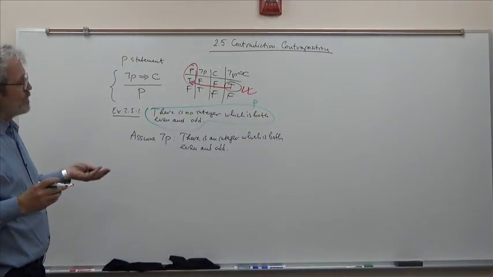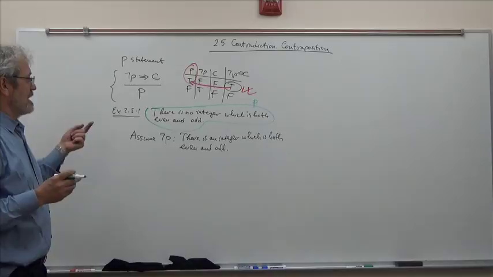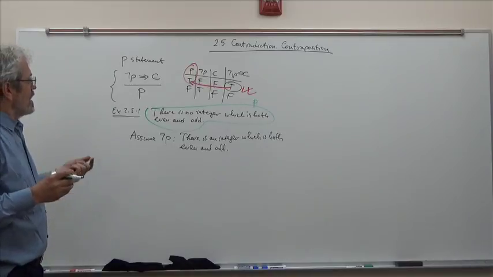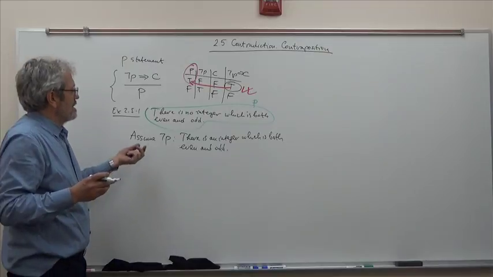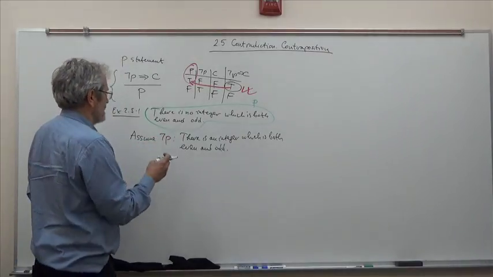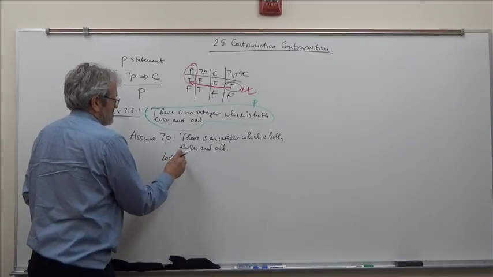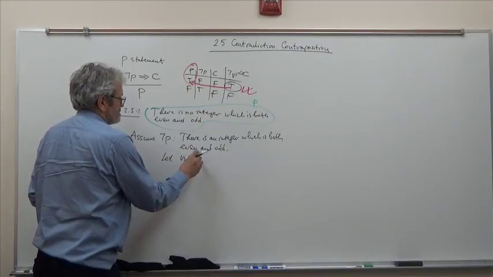And then we want to see how that will get us to a contradiction, and when we reach a contradiction we say, so P itself is true. Then we do the deduction in the standard way. So there is an integer, let n be such an integer.